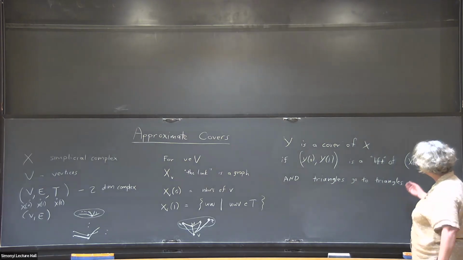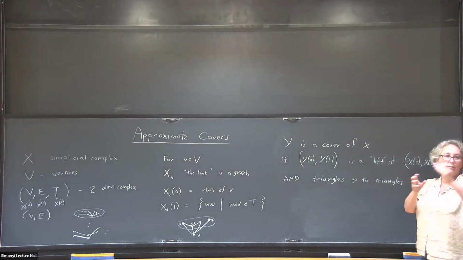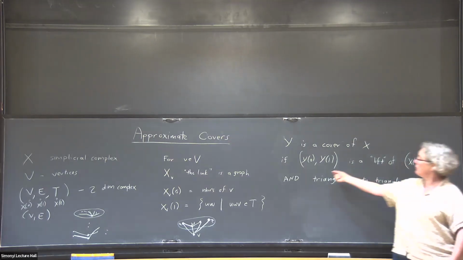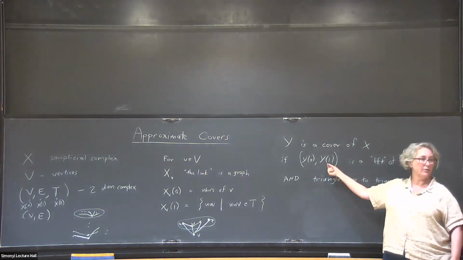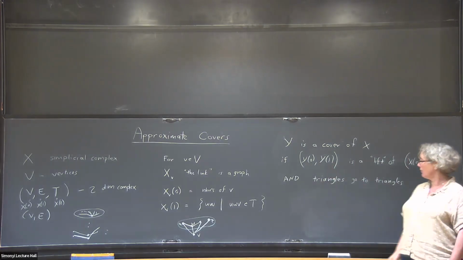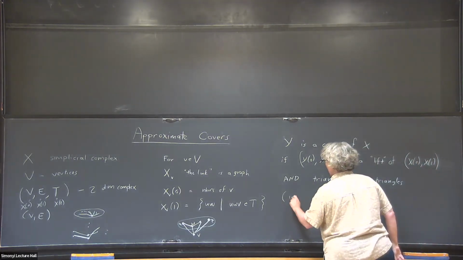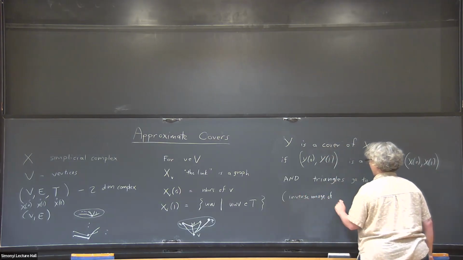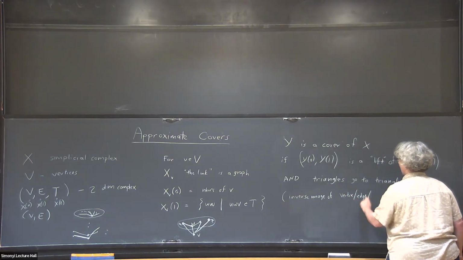The correct way to say it is that the inverse image of a triangle is some few disjoint triangles. Just like the inverse image of a point here is some t points here. The inverse image of an edge here is some t edges here, and the inverse image of a triangle is some t disjoint triangles. So maybe I should write it this way. Inverse image of a vertex or edge or triangle.